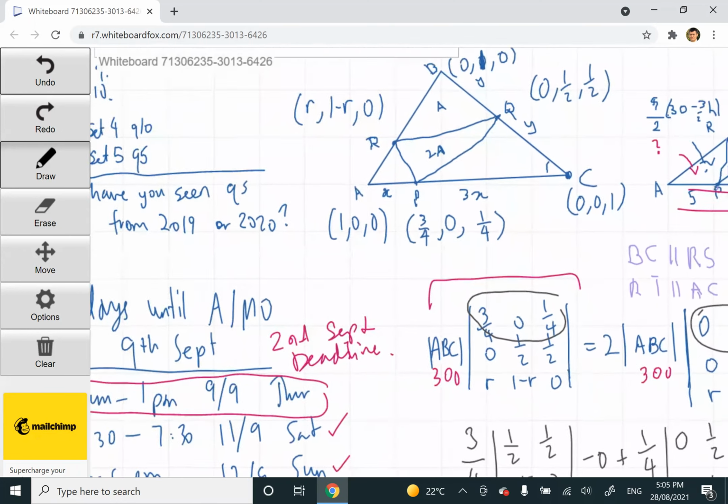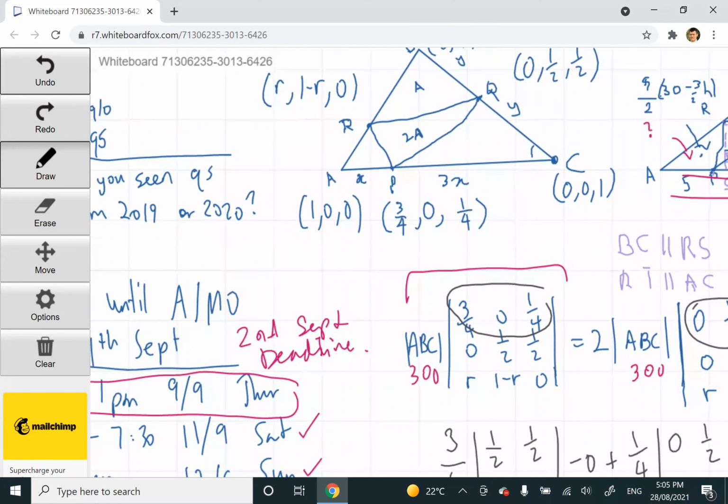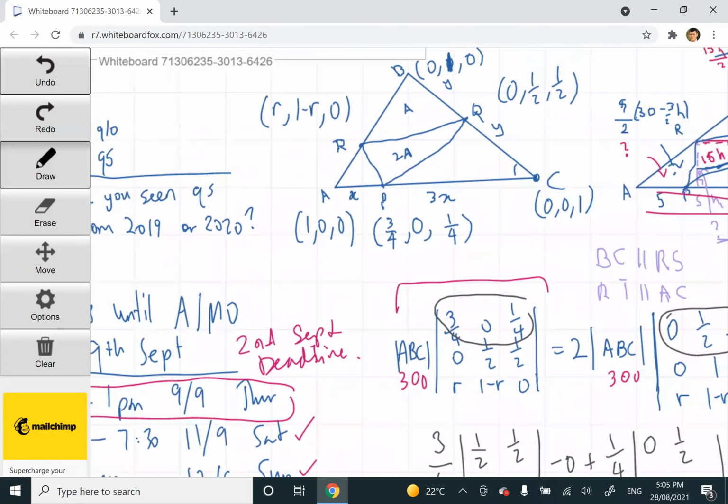So PQR is twice the area. 3/4, 0, 1/4; 0, half, half; and R, 1 minus R, 0.